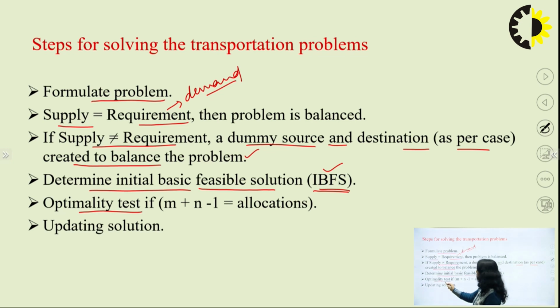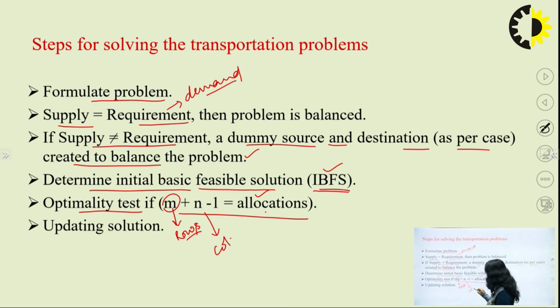For checking the optimality, we check this condition: m plus n minus 1 is equal to the number of allocations. This is the important criterion for checking the optimality of the solution. What is m? m is the number of rows in our transportation matrix, and n is the number of columns.